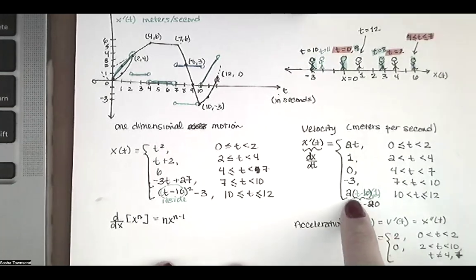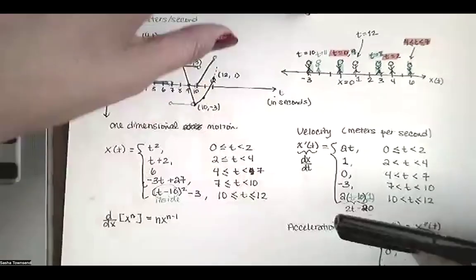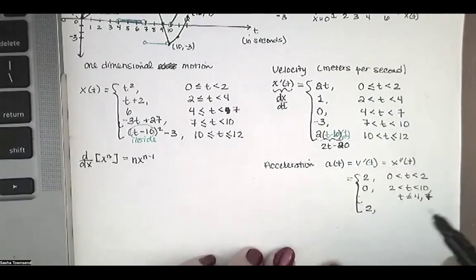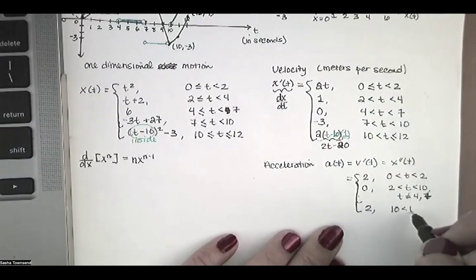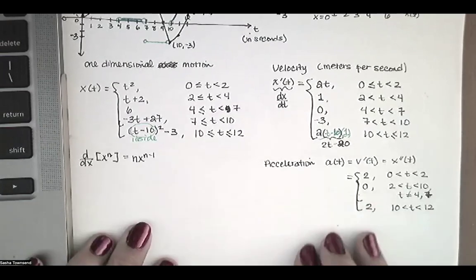And then on this piece, the acceleration is just 2 again. If you wanted, you could just add another interval there, but I'll add a third branch to my acceleration function. And so we get that.